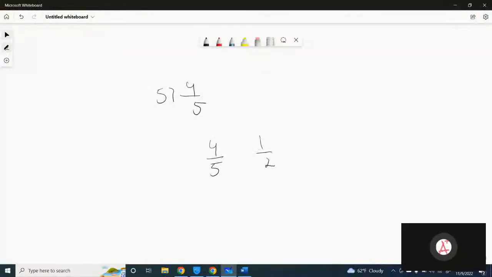So is 4 over 5 greater than 1 over 2 or less than 1 over 2? 4 over 5 equals 0.8 and 1 over 2 equals 0.5. So 0.8 is greater than 0.5, isn't it? Yes, it is. So 4 by 5 is greater than 1 over 2. That means you have to round up. So it would be rounded off to 57 plus 1, which is 58. Got it? Is there any problem? Everything is okay?